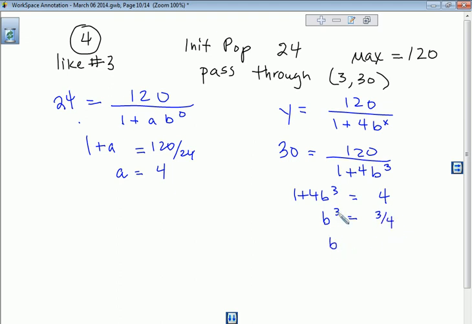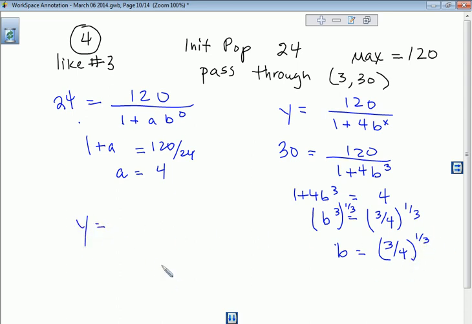So B cubed root is what we'd have to take. Isn't that the same as the 1/3 power? Yep. So I'm going to go 1/3 power here, and you'll see why in just a second. Works out nicely for our equation, actually. Cubed root is the same as the 1/3 power, so we're going with that.